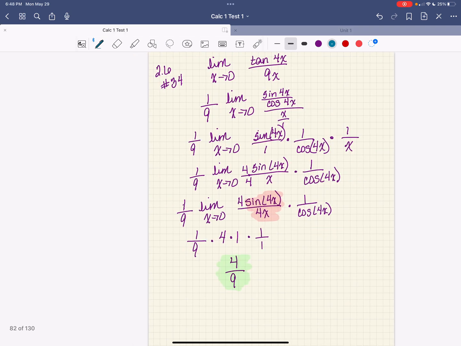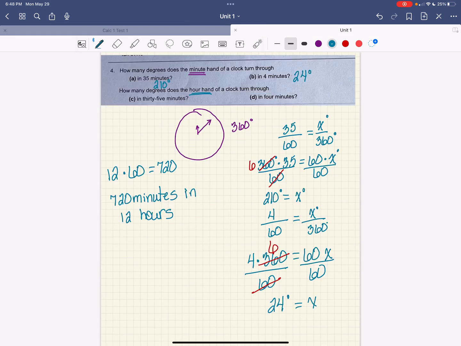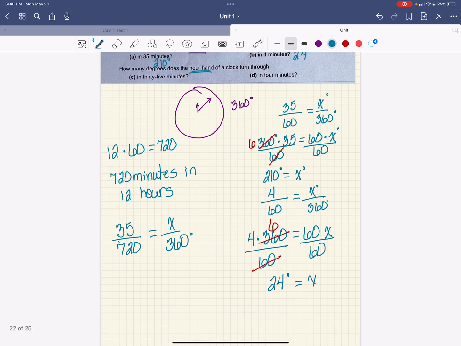So to solve this one, we are going to say 35 over 720 minutes. And that's going to equal x over 360 because the number of degrees all the way around the circle is still 360 degrees. Okay, so I'm going to say 35 times 360 equals 720 times x.